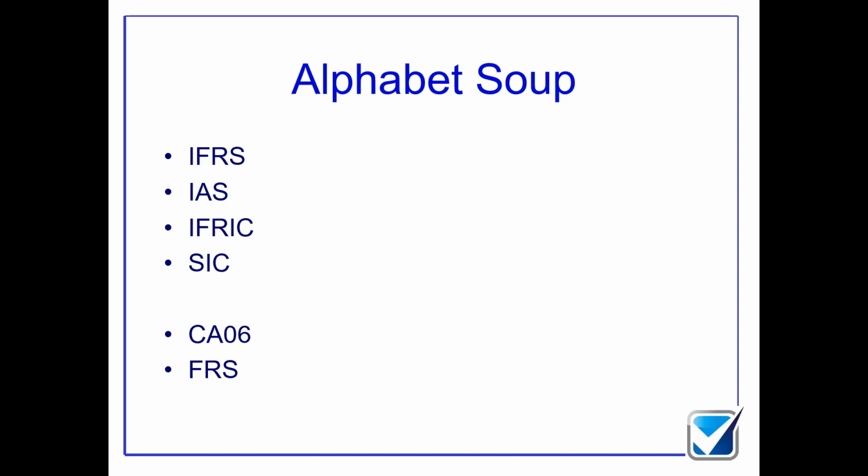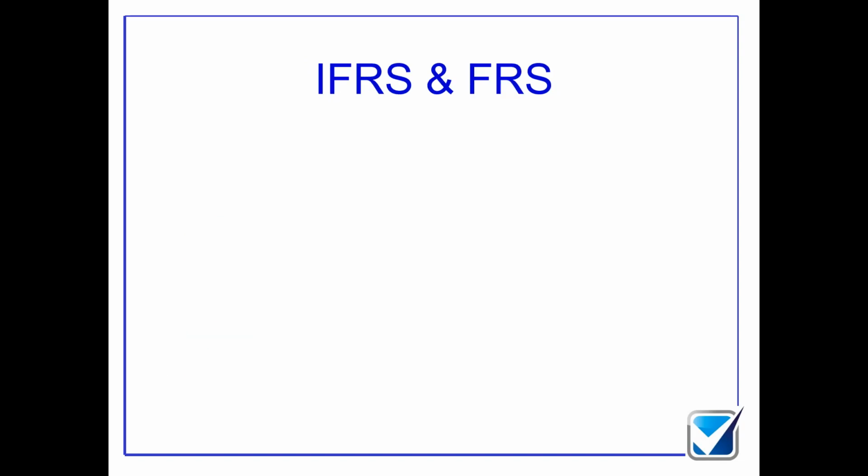FRSs and IFRSs will usually cover the same areas, but some of the terms and phrases that we use may be slightly different, because the UK terminology may be slightly different to the international terminology. So with a UK-based standard, which is an FRS, we make it very much bespoke to the UK environment. With an IFRS, it becomes more generic and is therefore applicable to the rest of the world.